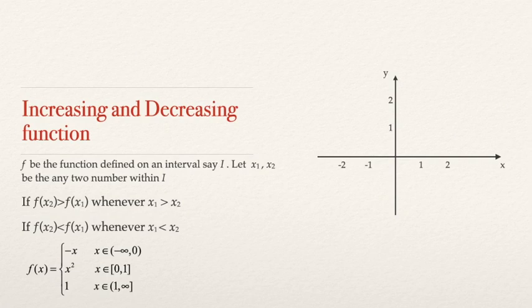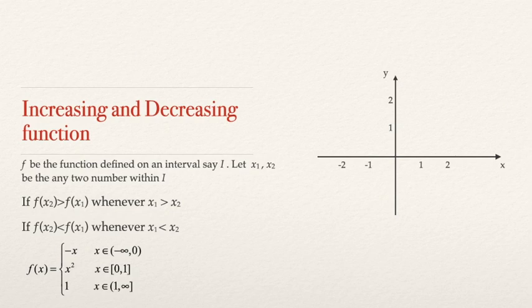So take an example, f of x equal to, within second bracket, I have written, minus x when x belongs to an open interval from minus infinity to 0. f of x equal to x square when x belongs to closed interval 0 to 1. f of x equal to 1 when x belongs to open interval 1 to positive infinity.